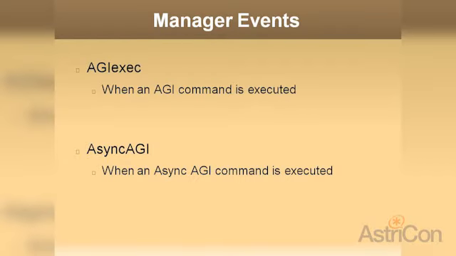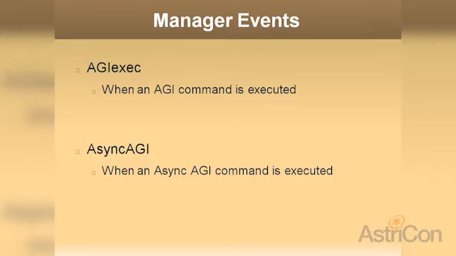How many of you were in the manager presentation this morning? Okay, so you probably remember the manager is simply an interface to Asterisk to send events that are happening on your Asterisk system. It's the same for AGI. There are two main AMI events.